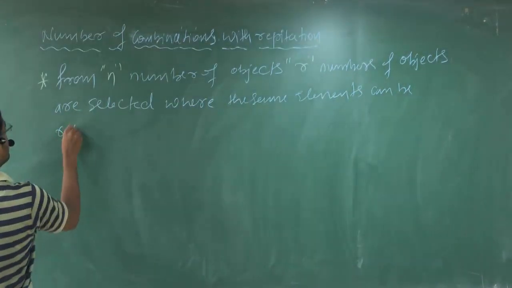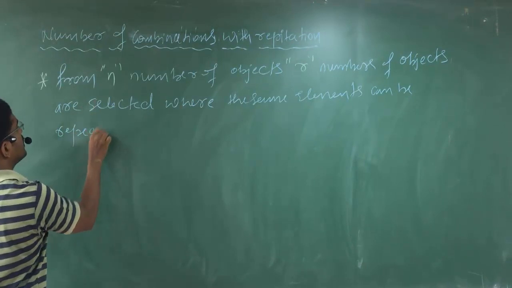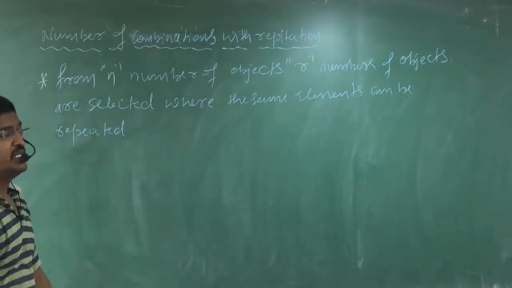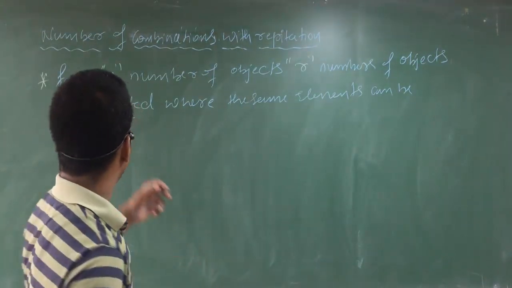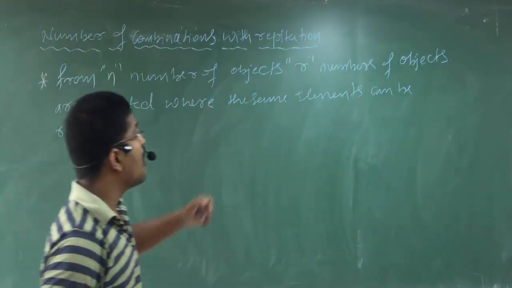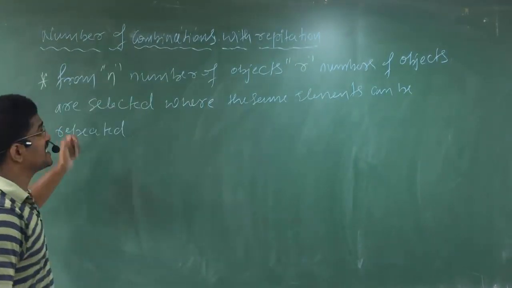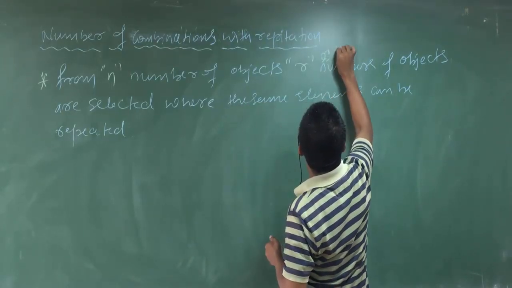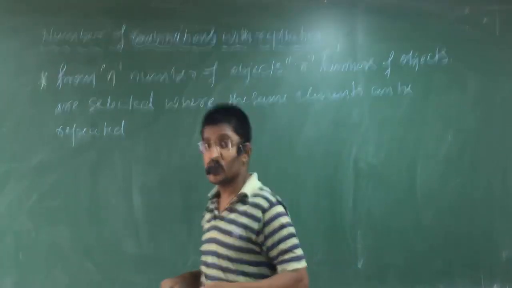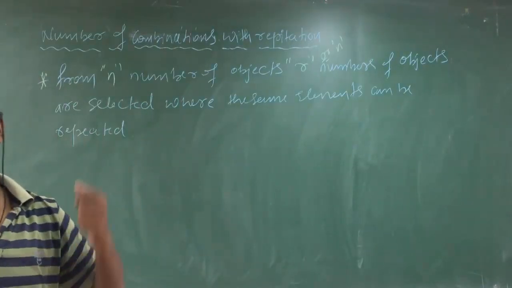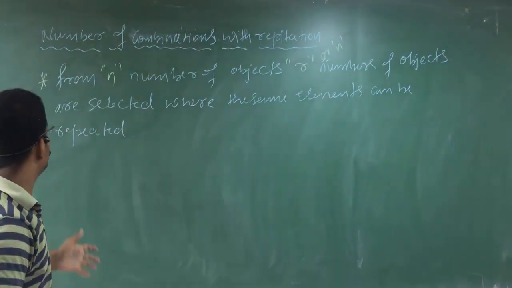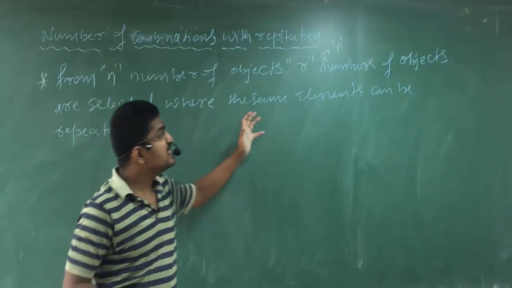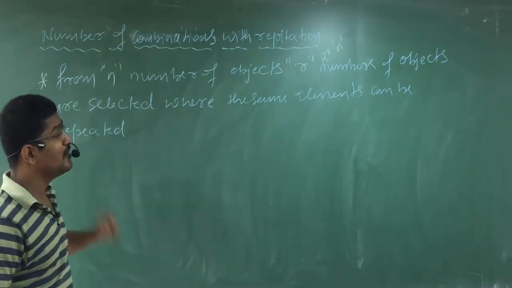Clear? That means you have a total of n objects, and r objects are selected. Here I can write r or n. That means you can choose r, or you can take all n objects, where the same elements can be repeated.